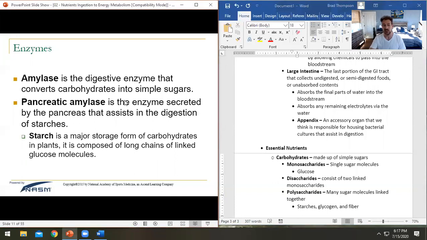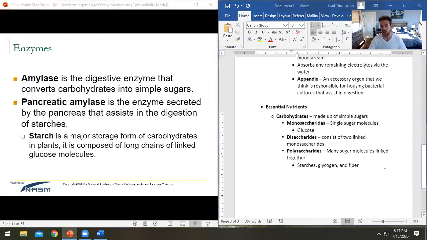Now, going back to the enzymes that assist in breaking down carbohydrates. Carbohydrates are easily broken down by the digestive system thanks to a series of enzymes.